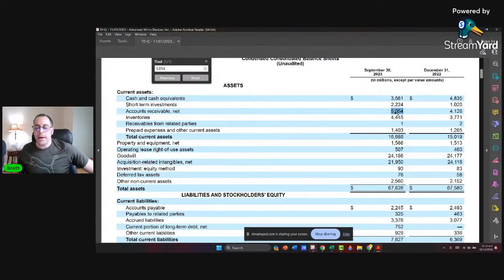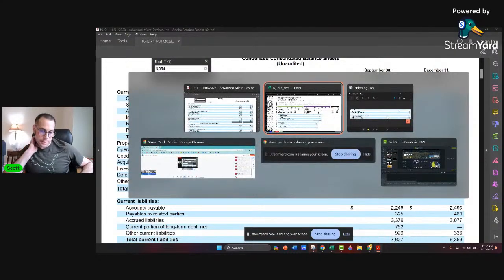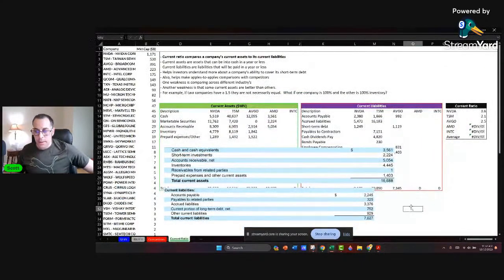Because they probably have, of the 5 billion, say it might have been 5.1 billion. And then they say, okay, based on historical figures, 2%, I don't know. I mean, it's not going to be 5054.